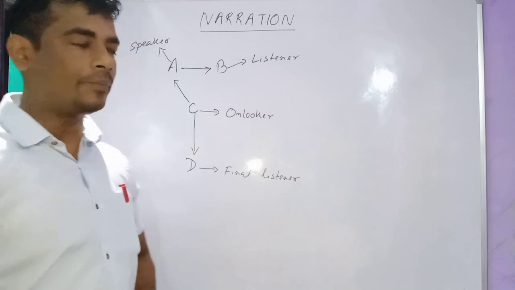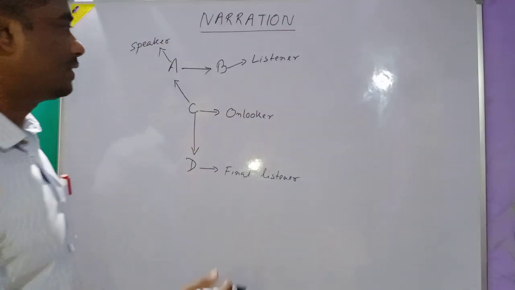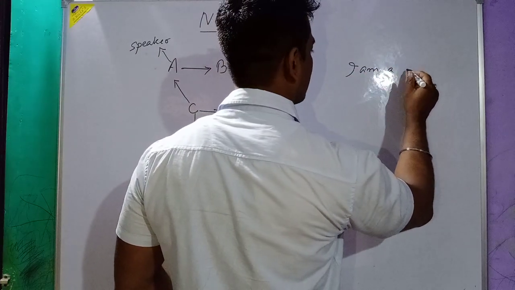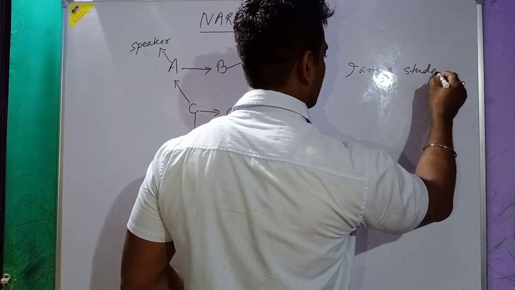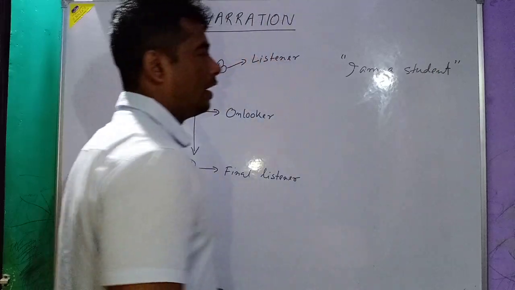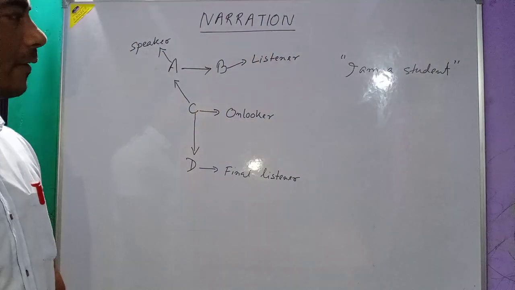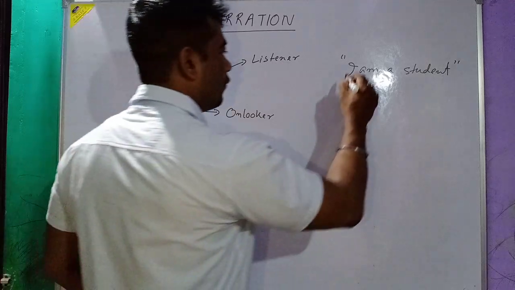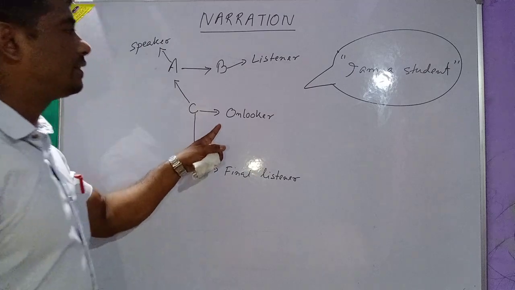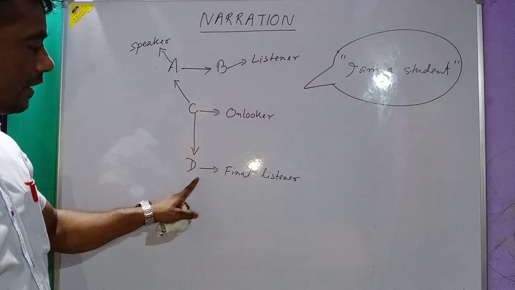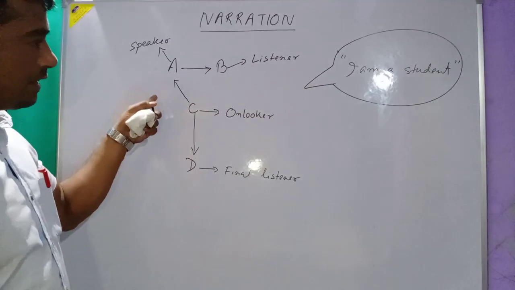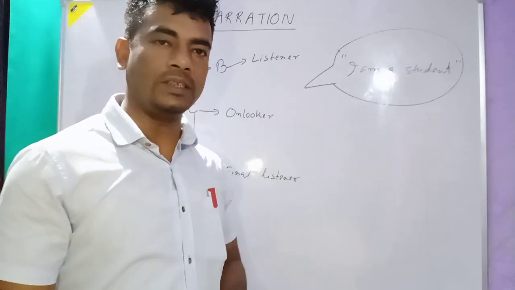For example, suppose this is A's dialogue. When A says, I am a student, and when this dialogue is heard by C, then he will report to D that A said that he was a student.